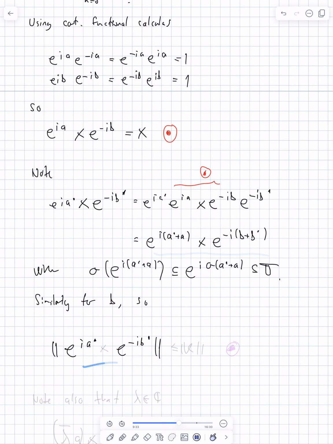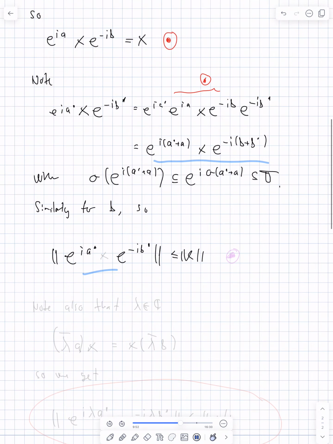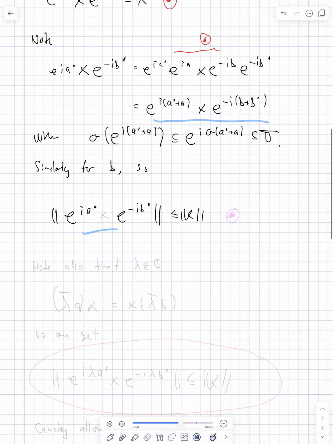What I have in here is the same as what I have out here, and these normal elements have their spectra contained in the unit circle, so their spectral radius is 1, so this means that their norm is 1. So this is less than the norm of x, and of course I need to write here x, not b.